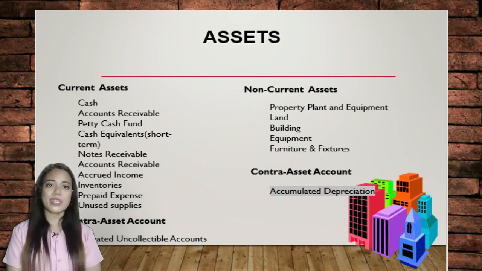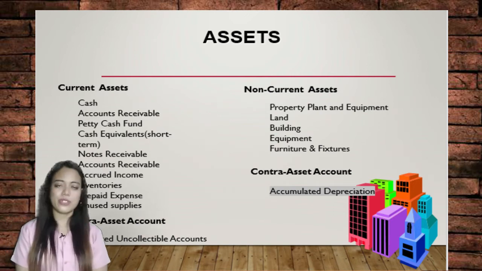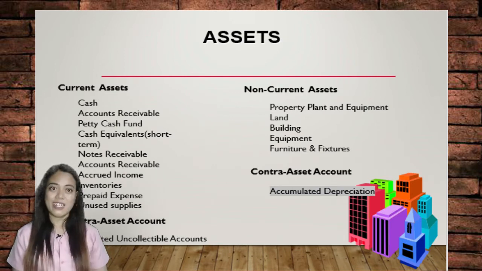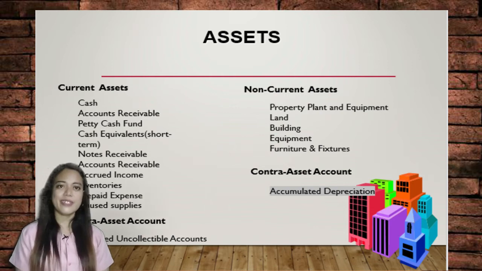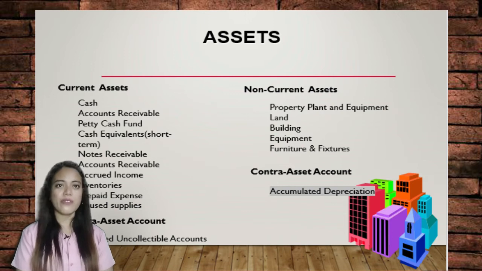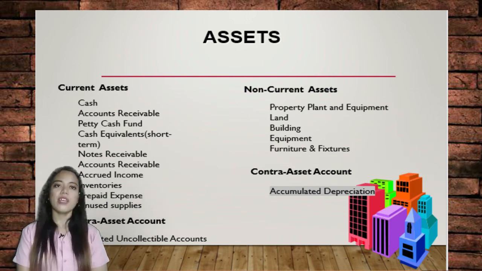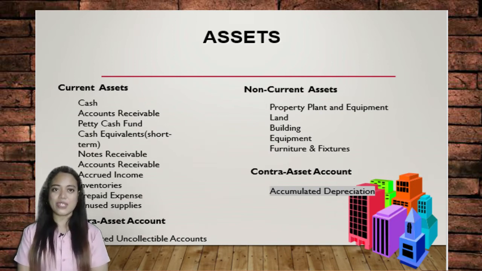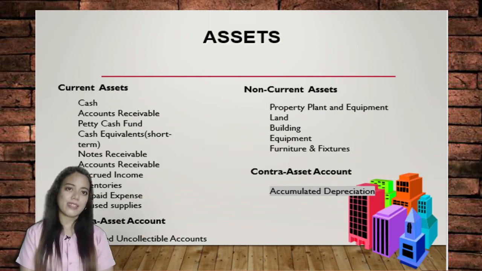Now let's go to the non-current asset accounts. First we have the property, plant, and equipment: land, building, equipment, and fixtures and furniture. We also have contra asset accounts for the main asset account.